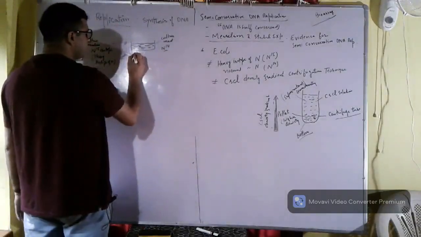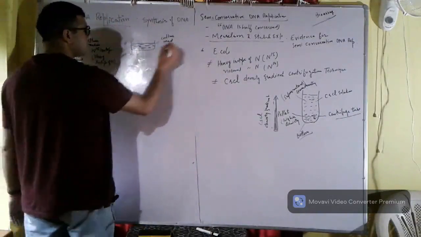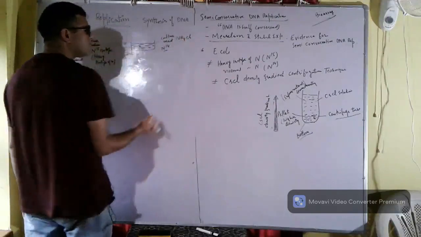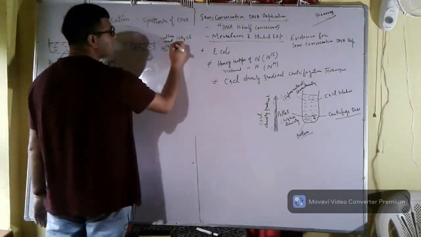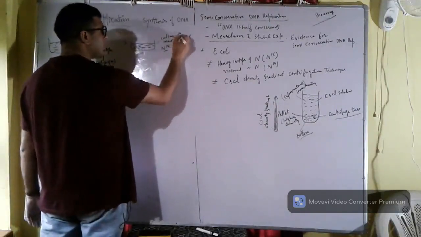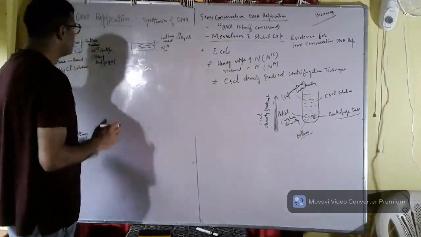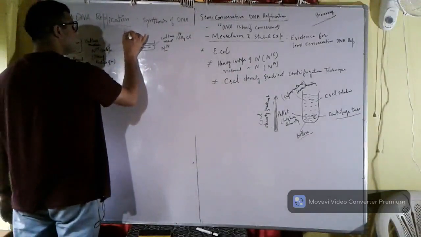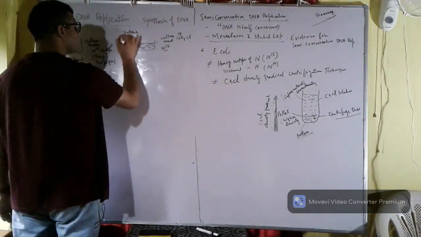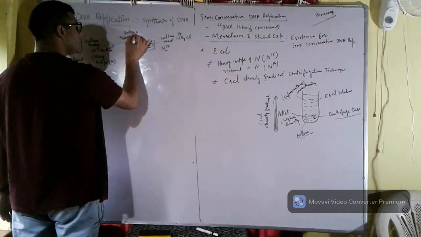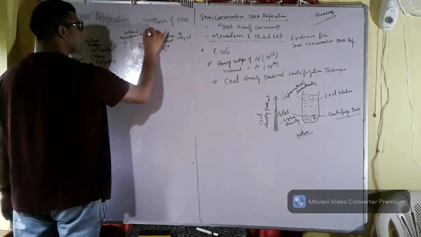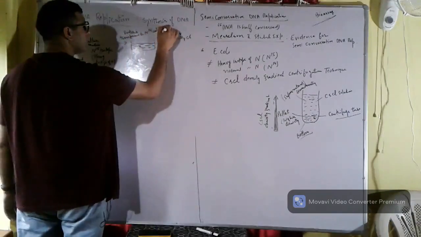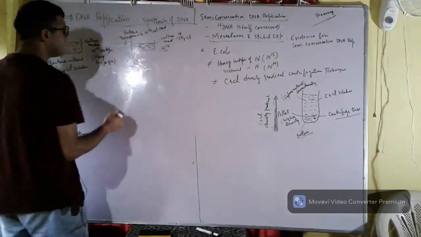Actually this culture medium was having ammonium chloride solution, and this ammonium chloride solution contains the light isotope of nitrogen, your normal isotope of nitrogen, that is N14. So these bacteria were transferred to N14 culture medium.